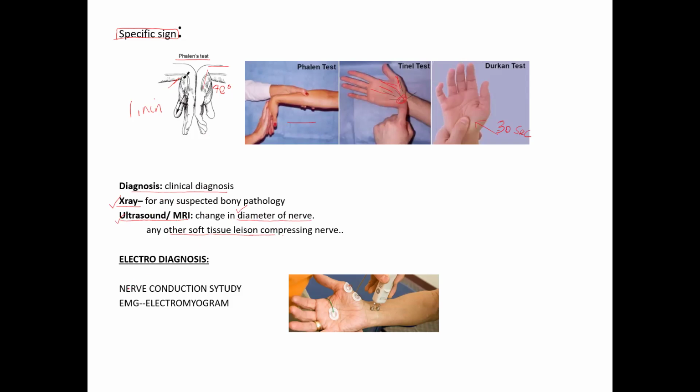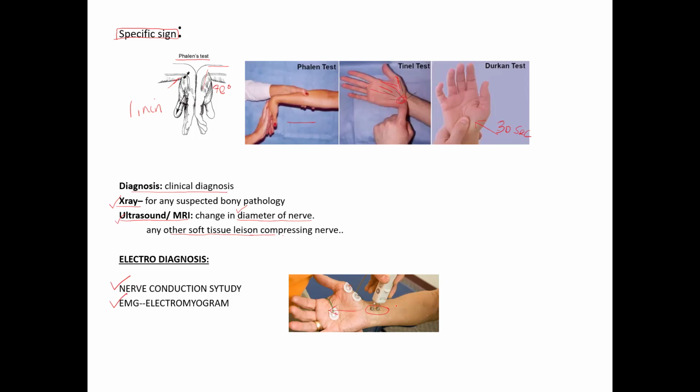Then how do we confirm the diagnosis? We have electrodiagnostic tests. We do nerve conduction study and electromyogram. Nerve conduction study is very diagnostic, and we do it very commonly. We stimulate the nerve proximal to the carpal tunnel and see how the signal travels to the distal aspect.